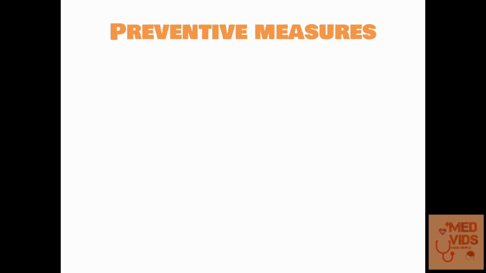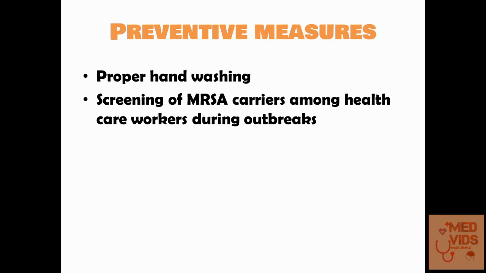There are preventive measures to control Staphylococcus aureus infections or even prevent them to some extent. First of all, the medical personnel like doctors and nurses should practice proper hand washing techniques to prevent the spread of infections to the patients.